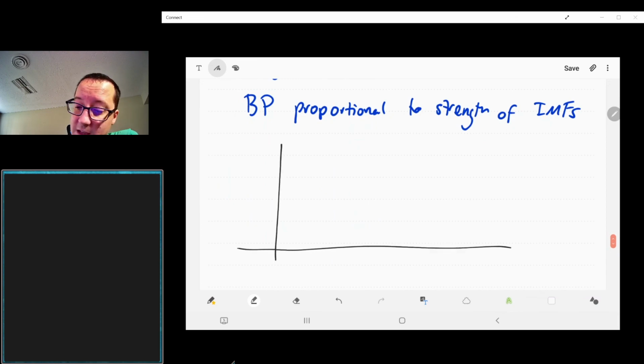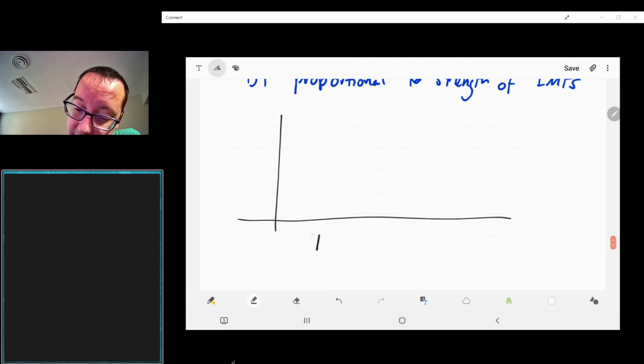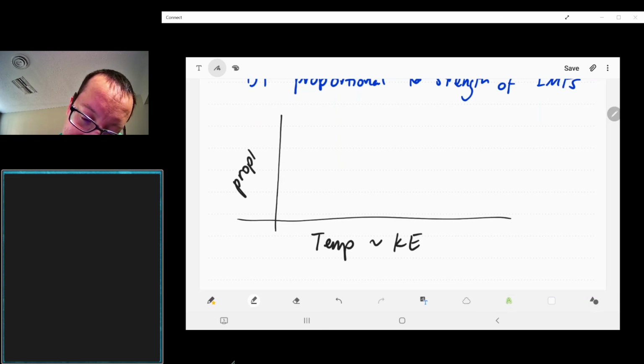So it's graph time. This is temperature, which, remember, is related to kinetic energy. That's energy of motion, how fast things are moving. And we're going to see, oh my goodness, again, this proportion word that I can't spell. Proportion.